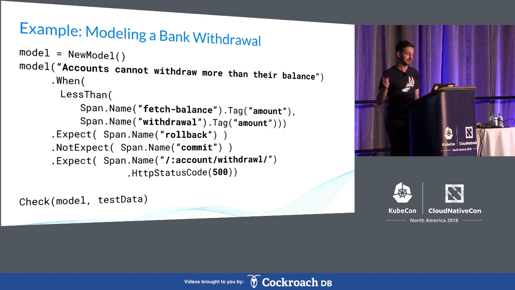And you do not expect to see a commit. And you also expect to see an API level span, account withdrawal, and that should have a status code of 500. So that's what we're defining to be the behavior for when you try to over-withdraw your account in this particular bank. And then we're going to check that model against some test data.